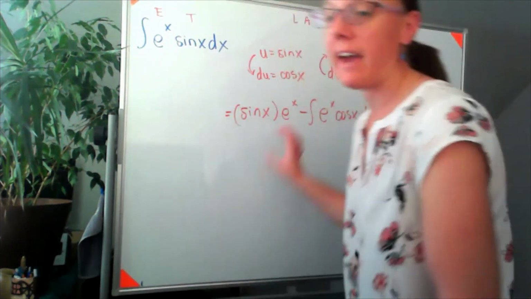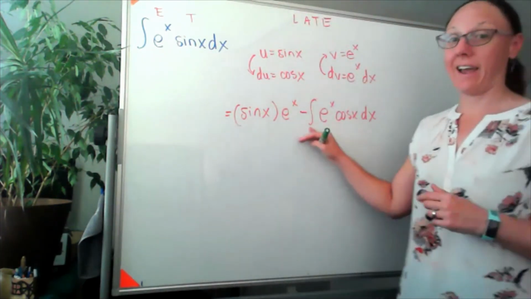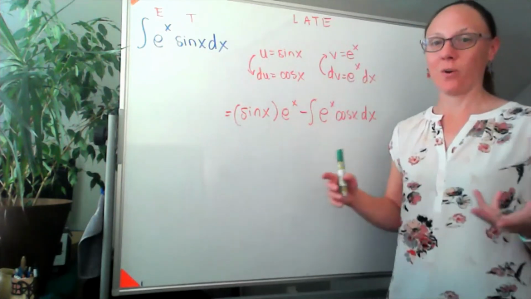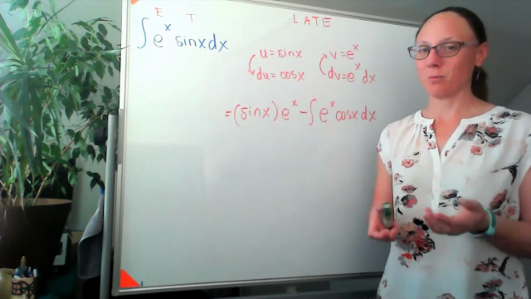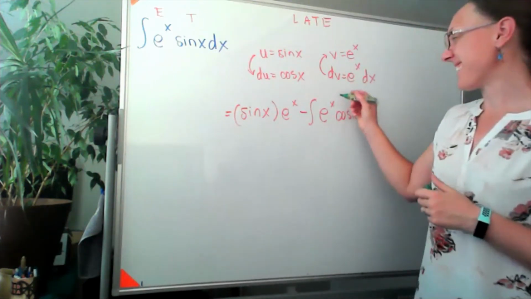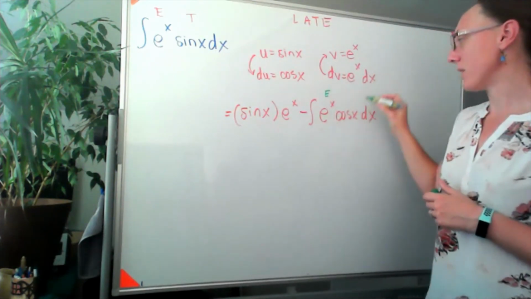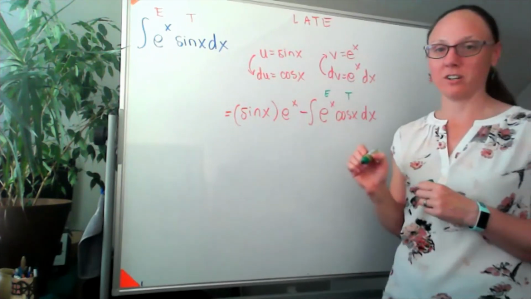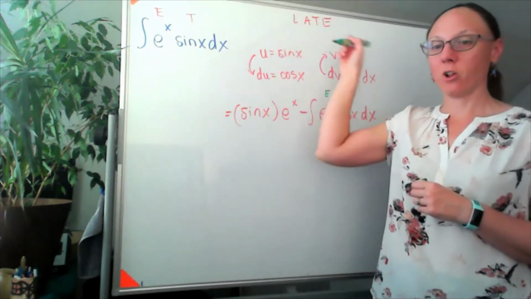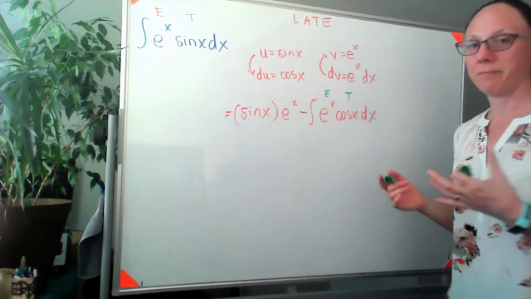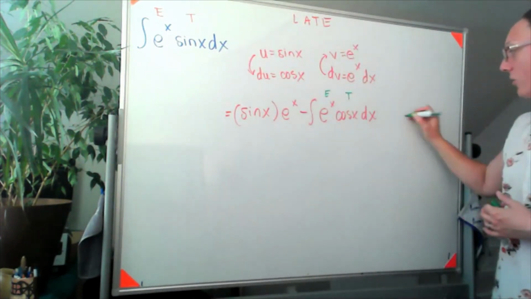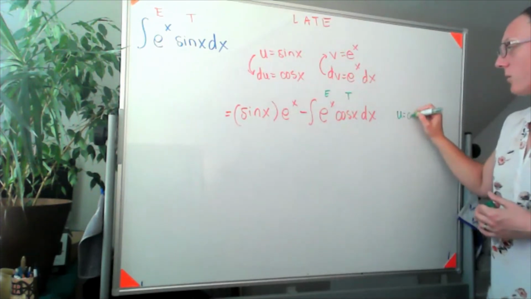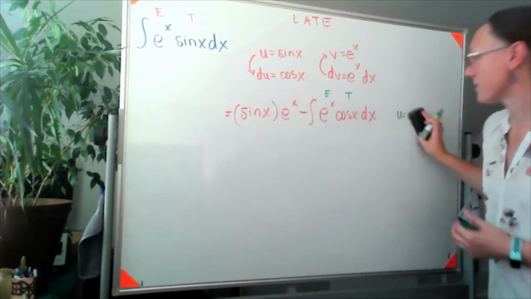So now I'm looking at this new integral and thinking, okay, is it algebra, trig, or a mixture of stuff? Well, it's still a mixture problem, a mixture of an exponential function and a trig function. I'm going to follow the LATE rule one more time and let my trig be my u.